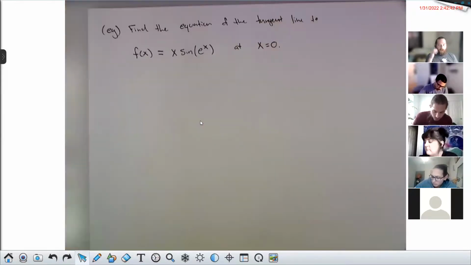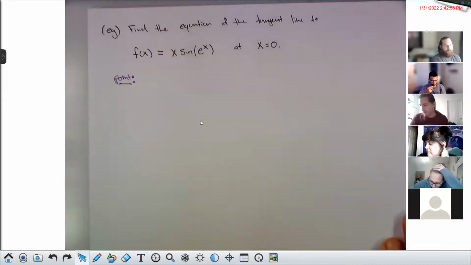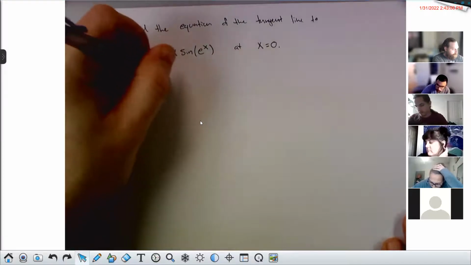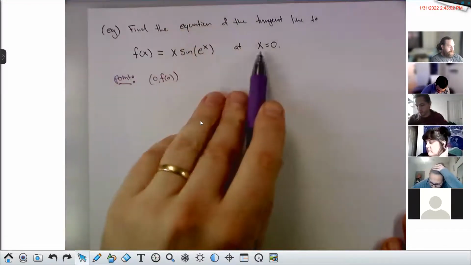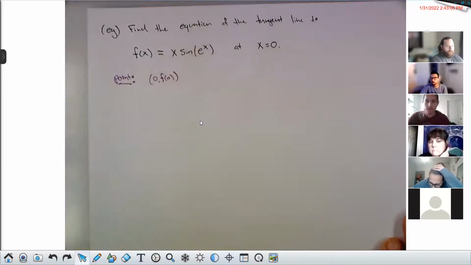Okay. As with all tangent line problems, we need two things. We need a point and a slope, right? If I'm going to find the equation of any line, a point and a slope is sufficient. The point is the first thing I'll cook up. We know that it is going to be 0, comma f of 0, right? We're working at x equals 0, and the point of tangency is always the point on the graph.